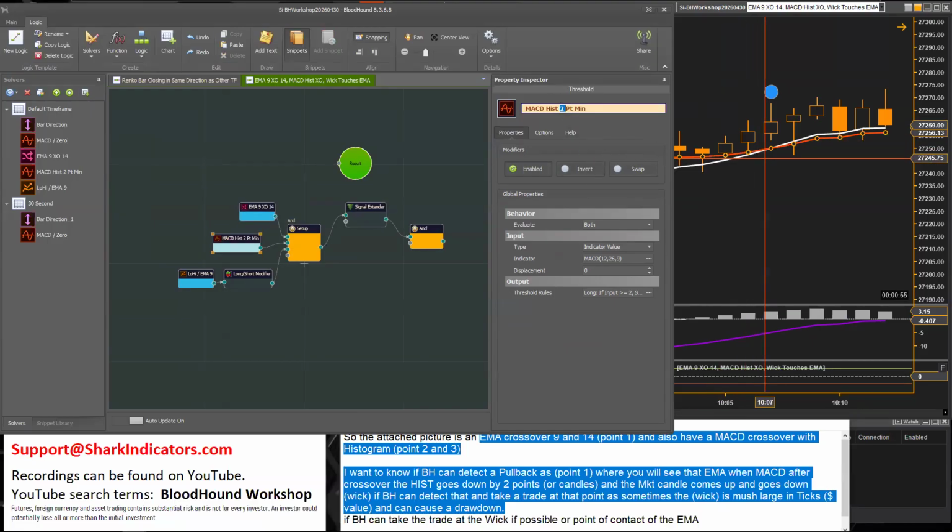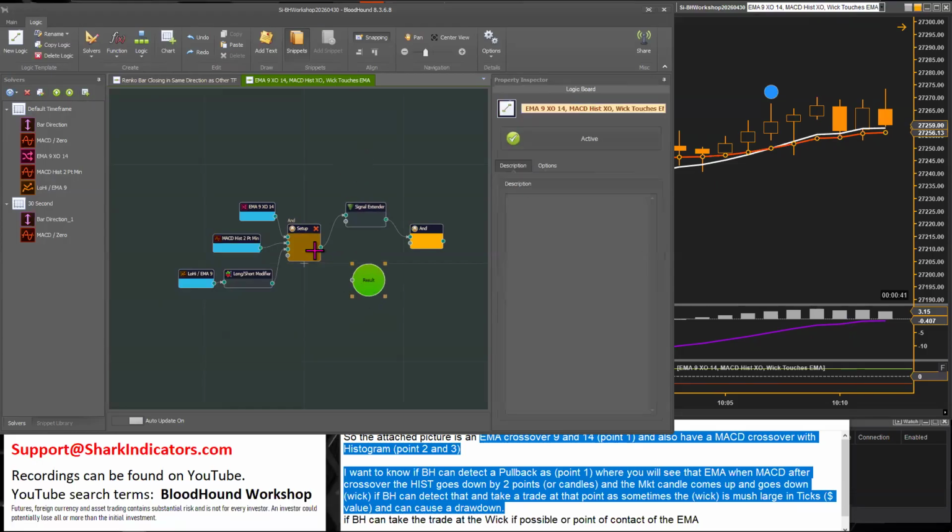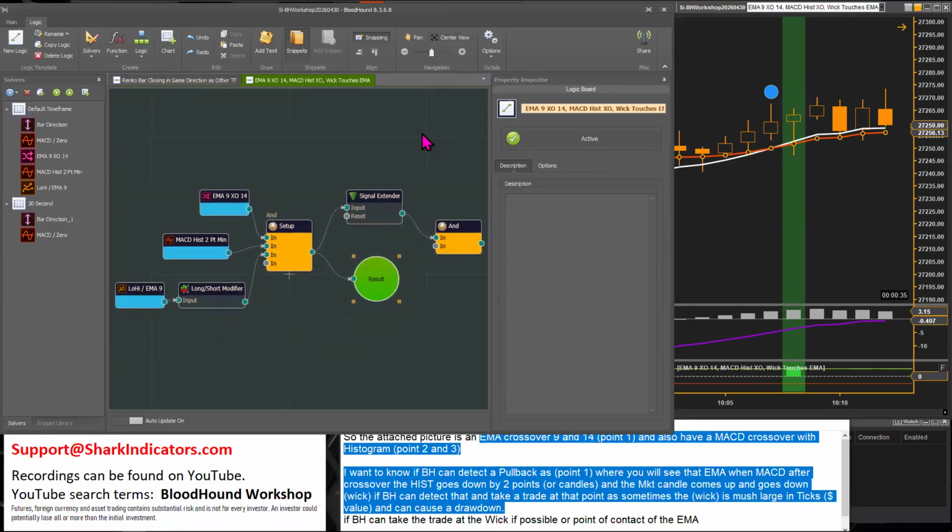And if you increase the EMA periods, so the crossovers occur later, then you'll want to increase this value. So there. All right, let's connect that up. Leave it like so. And there we have it.